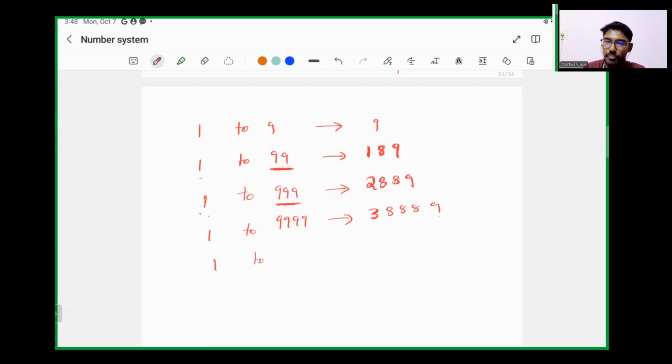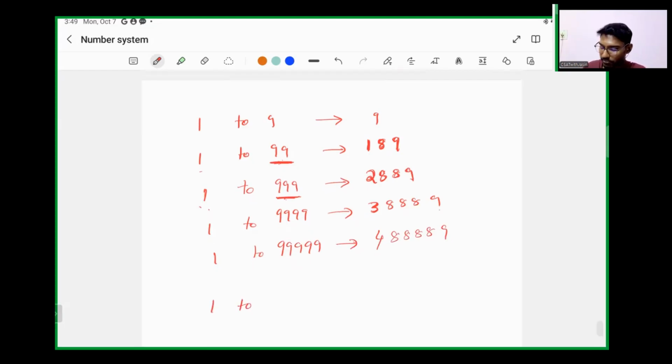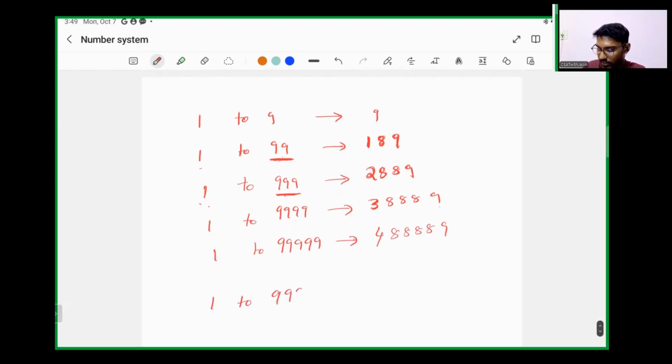So if I ask you how many digits are there from 1 to 99999, that means there are 5 nines here. Put 4 first, then write four 8s and put a 9. So if I ask you how many digits will be there from 1 to 9999999, 7 nines are there. You can expect this as a direct question also.